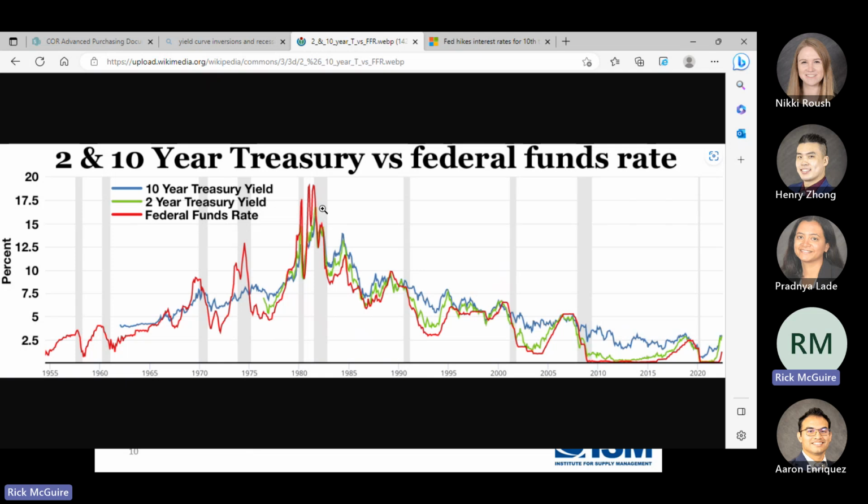The red line is the federal funds rate. Blue line's 10-year treasury, green line's 2-year treasury. So where you see this red line on top, this is a well-inverted yield curve. And what it tells you is that when that happens, you almost always have a recession coming your way. Every recession has been preceded by an inverted yield curve, but not every inverted yield curve has led to a recession.